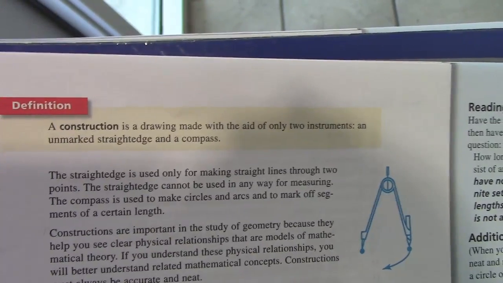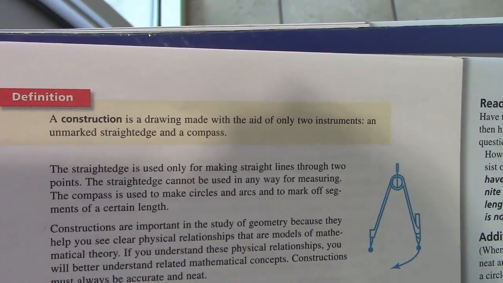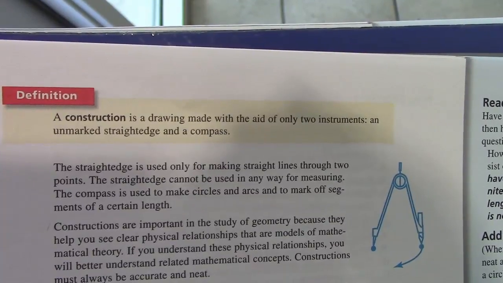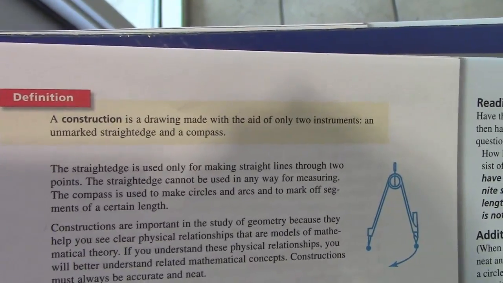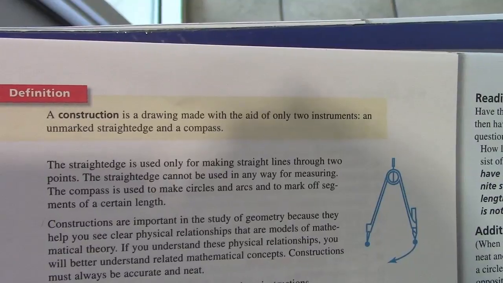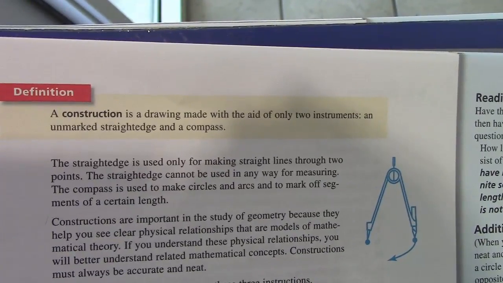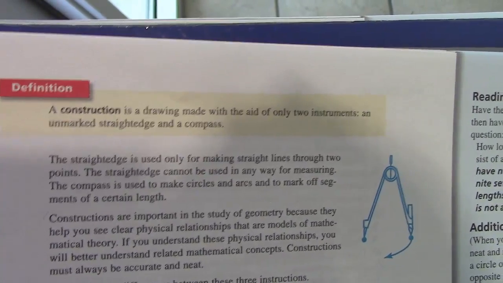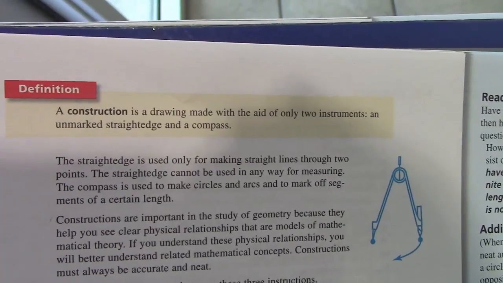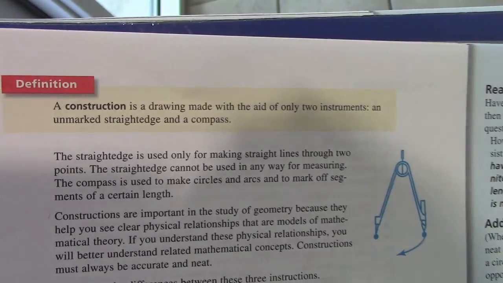An unmarked straight edge and a compass. And by compass, it's not a nautical compass or a directional compass. It's a mathematical compass.